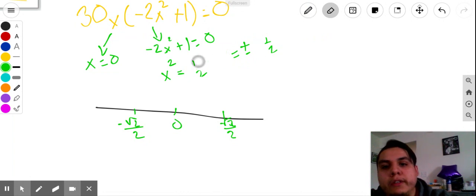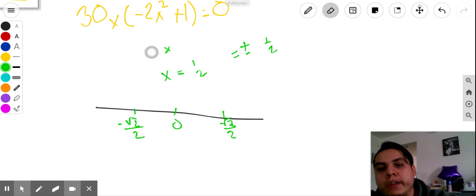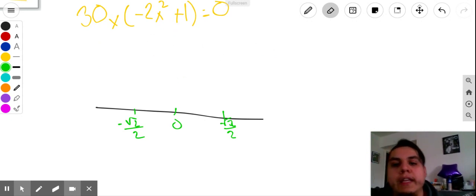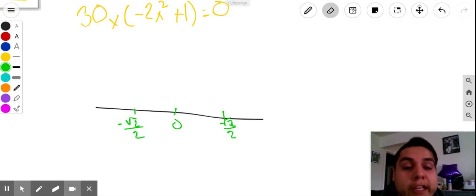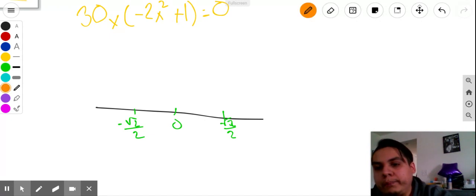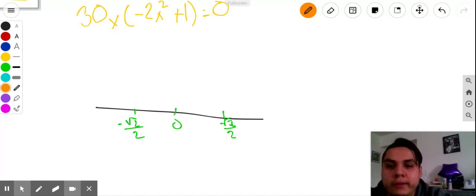I am going to choose, square root of 2 is a number bigger than 1, so when I divide it by 2, I should have a number less than 1. So I'm going to say negative 1. And if you can't do what I just did, feel free to use a calculator.